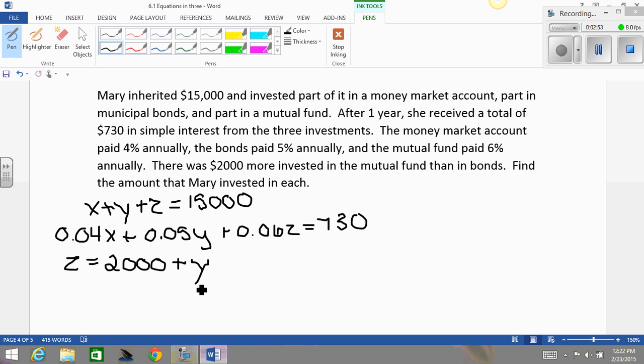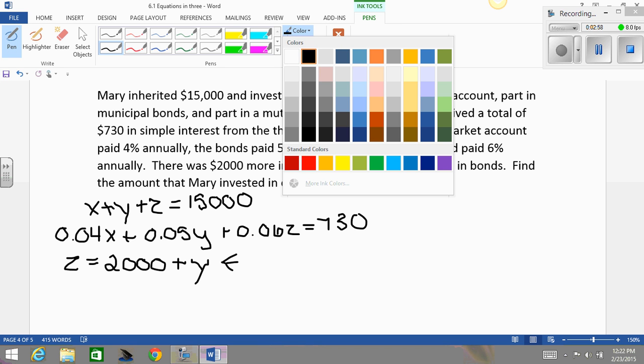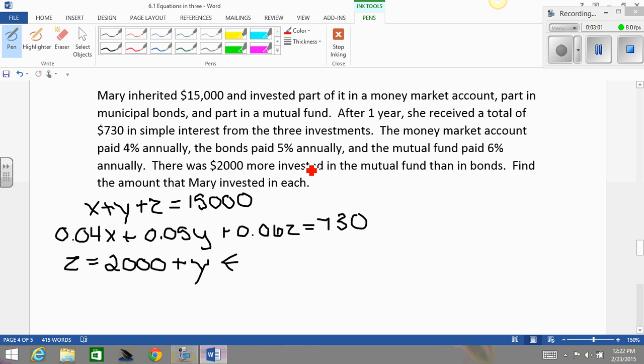I don't like how this one is set up because everything else is in order X, Y, Z, so I'm going to reorder it: negative Y plus Z equals 2,000. Now here's equation 1, equation 2, and equation 3.